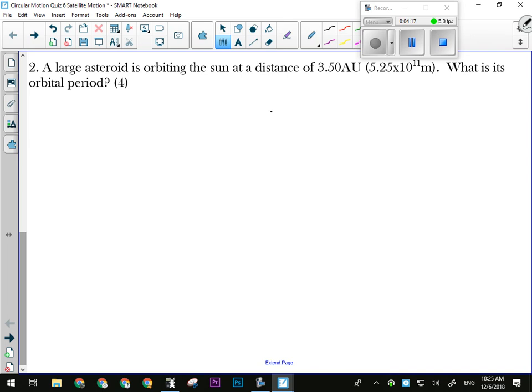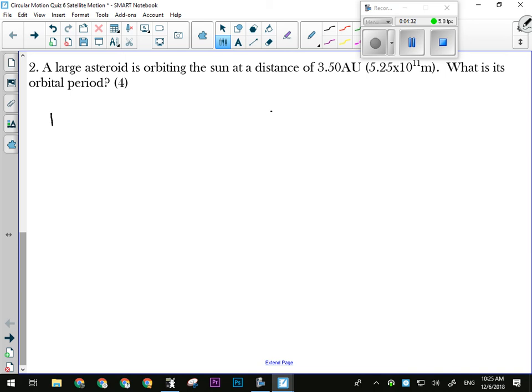There are 2 ways to do it. You can solve it as an FC equals FG question, but you can also solve it as a Kepler question, and it'll be a lot faster. I'll show both ways here, but no matter which way I'm solving it, they get a mark for givens.